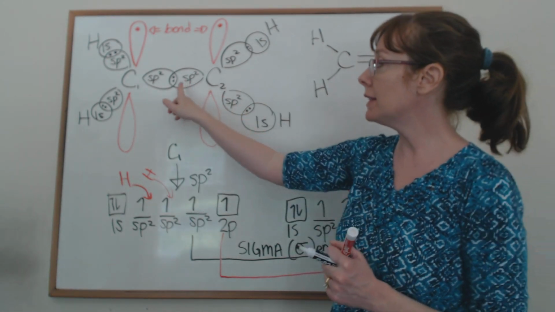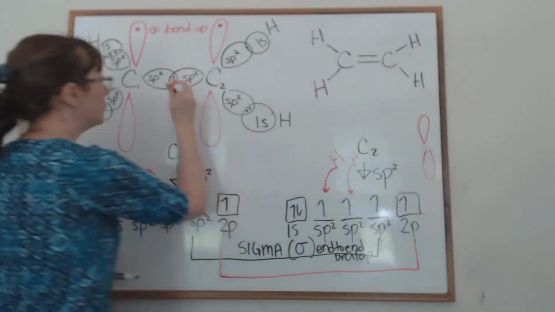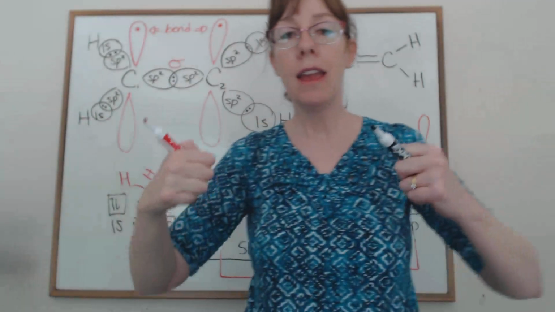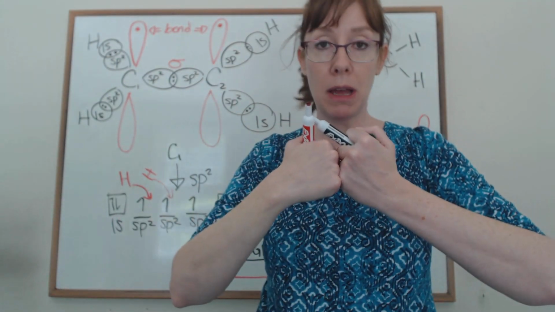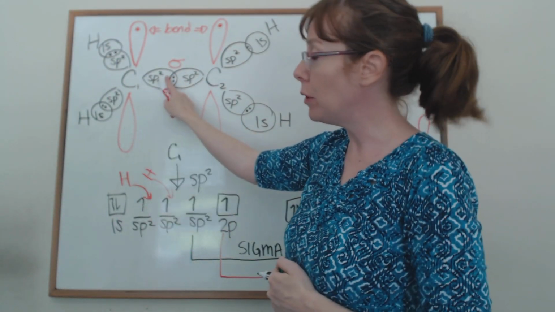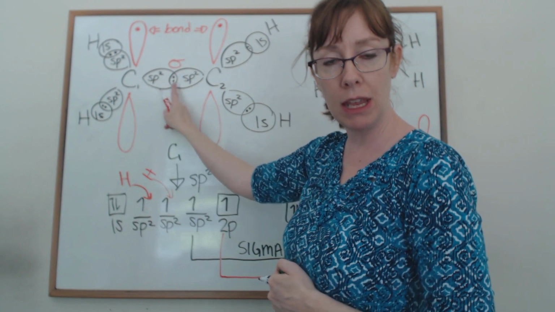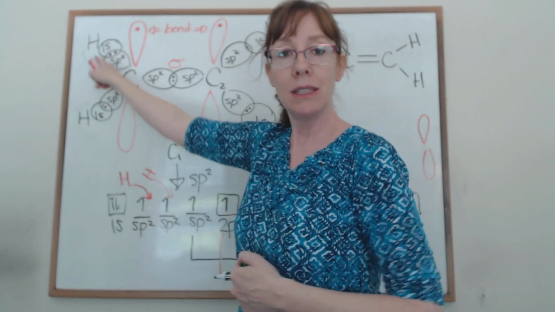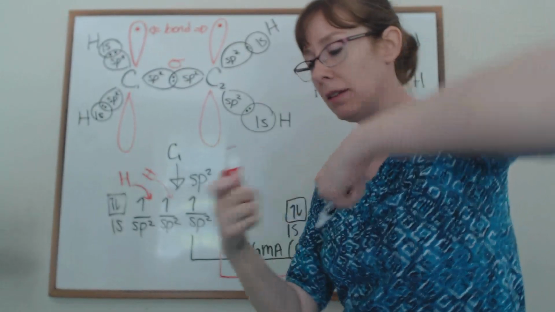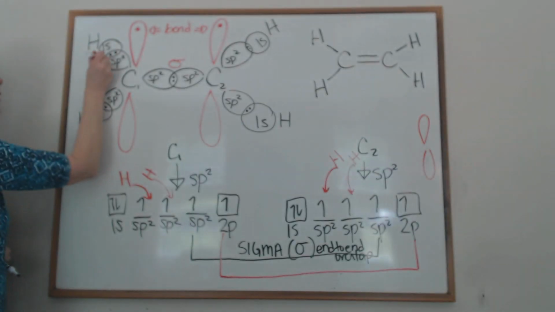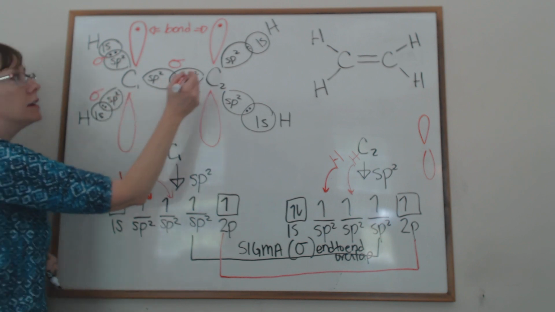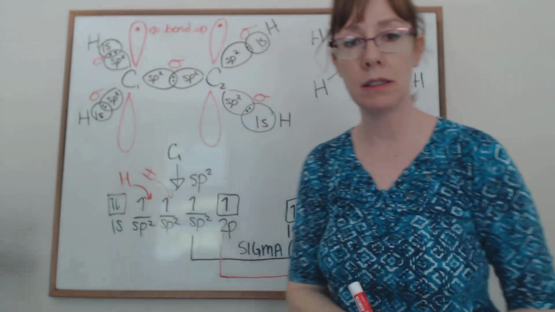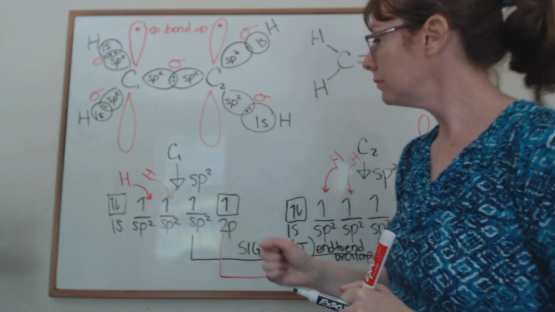And you can see that this was a sigma bond because of the way they overlapped. Here's the thing: if it was a hybrid orbital, it's sigma. Anything that is a hybrid orbital is a sigma, but you can see it better here. End to end. What about this one? See how they're overlapping end to end? Sigma, sigma, sigma, sigma. All of those are sigma bonds, okay?